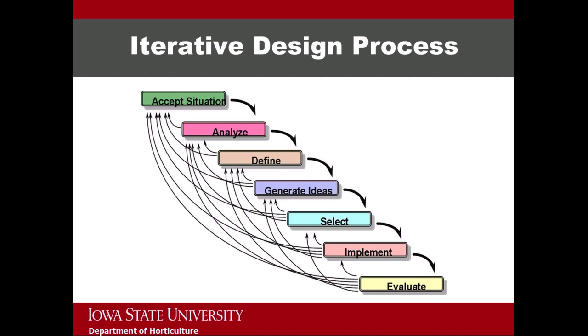Next, you begin defining the scope of work and determining what is realistic. This is followed by generating different design ideas. From this list of ideas, some are selected and then implemented into the actual landscape installation. And finally, once the landscape has been installed, it needs to be evaluated to see how it's doing. The graphic shows that at each step, the designer should reflect on decisions and make appropriate changes where necessary.